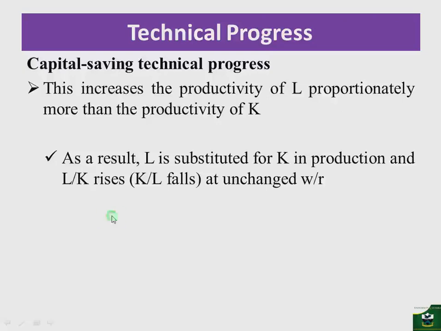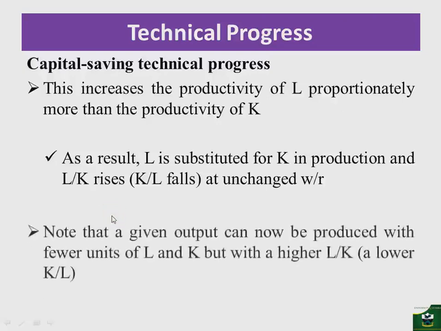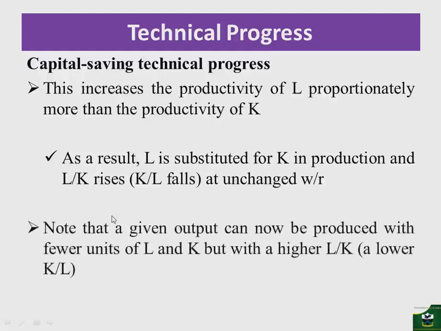What we will note then is that a given output can now be produced with fewer units of labor and capital, but with a higher labor capital ratio or a lower capital labor ratio, where we are increasing the amounts of labor in the production process, but still keeping the capital labor ratio very low.